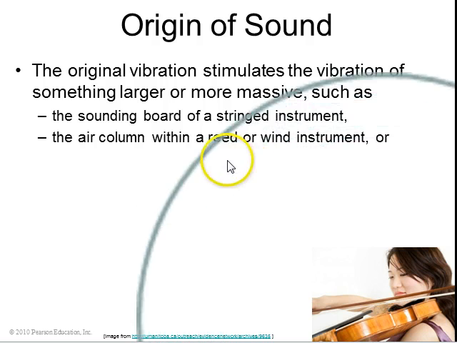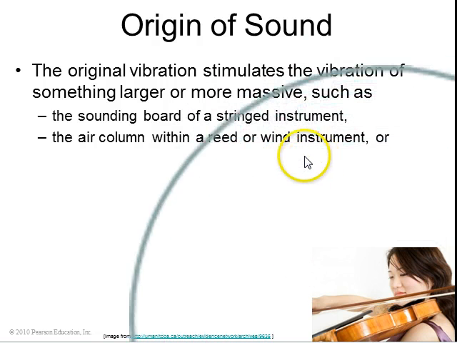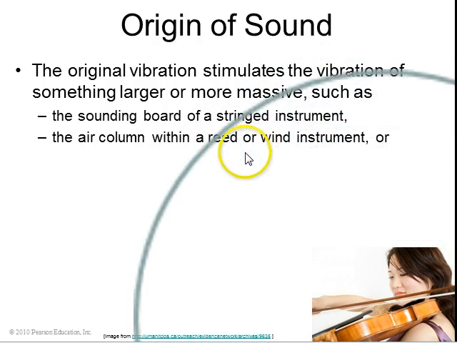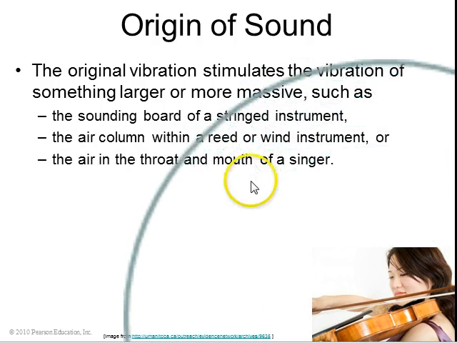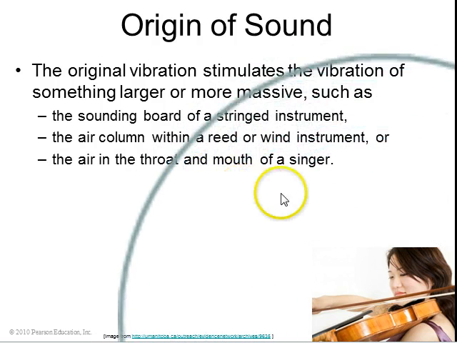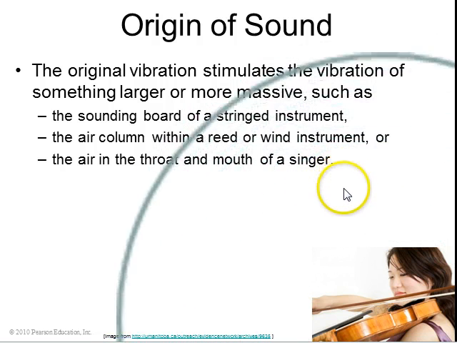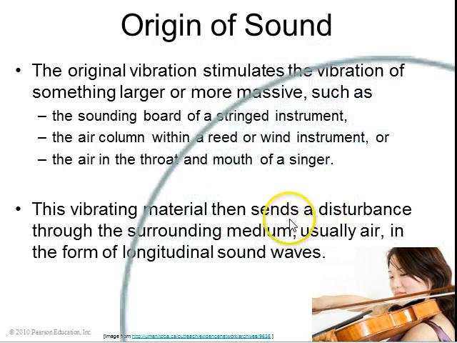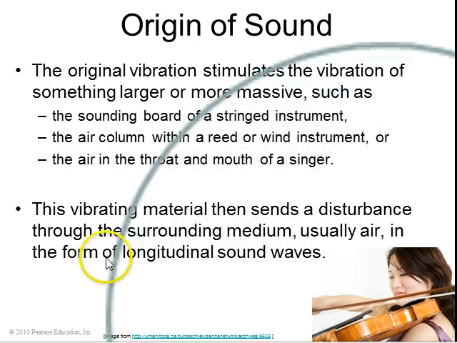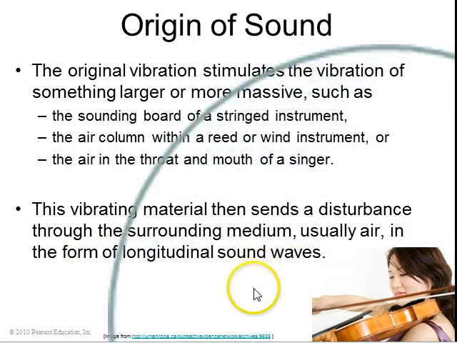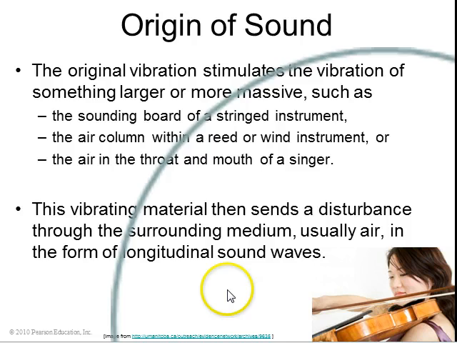The air column in a reed or wind instrument also is the more massive thing that vibrates. The air in the throat and mouth of a singer vibrates as a result of the original vibrations of the vocal cords. So this vibrating material then sends the disturbance through the surrounding medium, like the air, in the form of longitudinal sound waves.